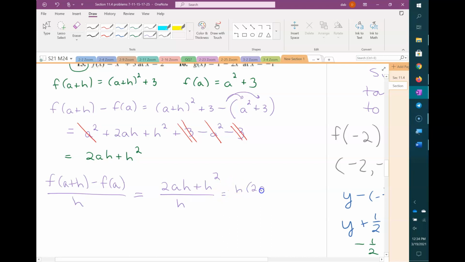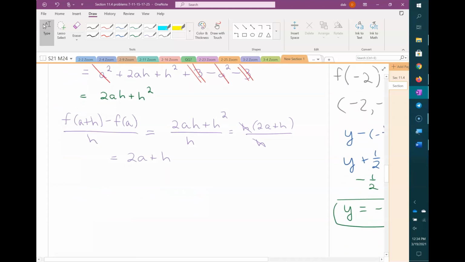So I'm going to factor out h and cancel, and so now I have 2a plus h. So now I'm going to find f prime of a is the limit as h goes to 0 of 2a plus h. So that's going to be 2a.